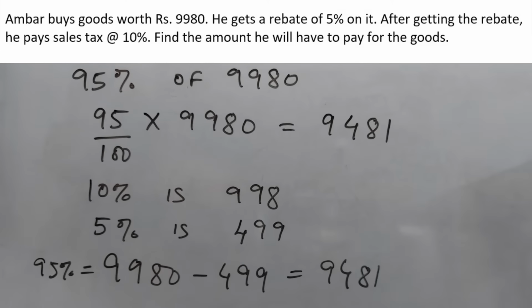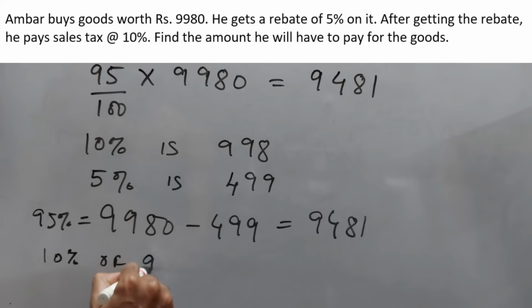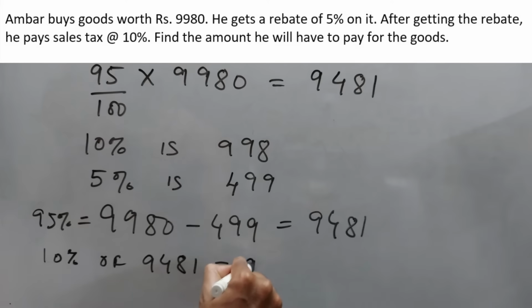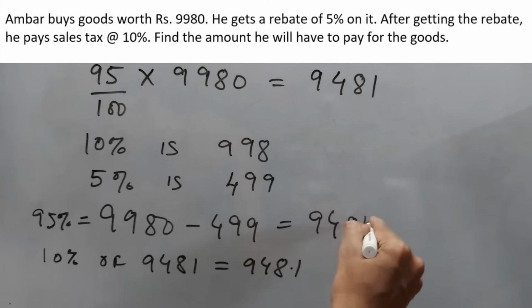Now let's calculate the tax. 10% of 9481 is 948.1. We know this.